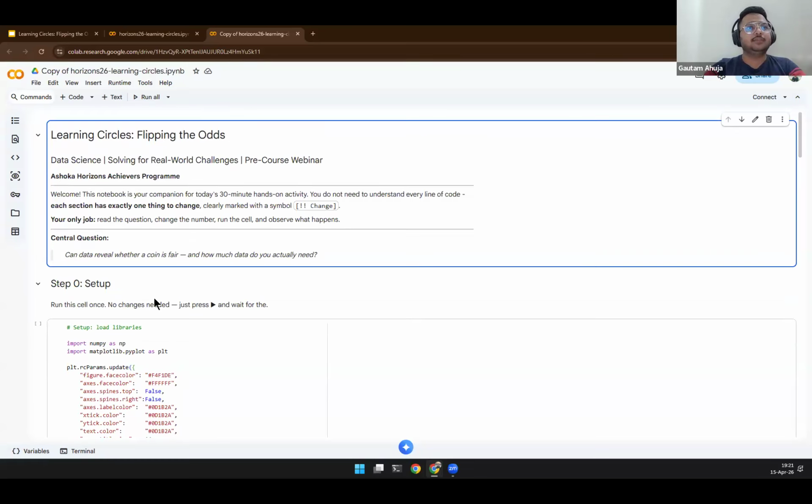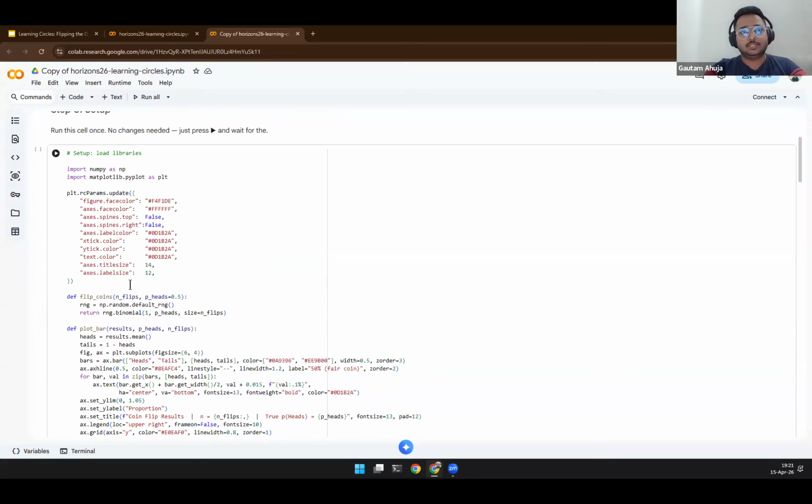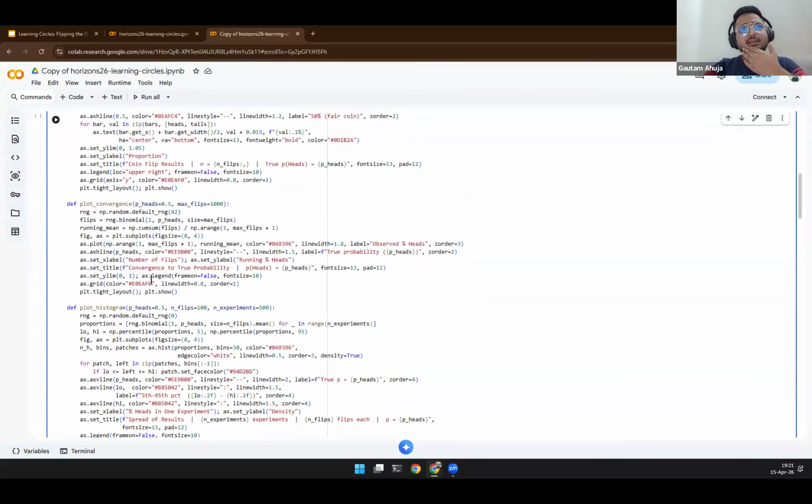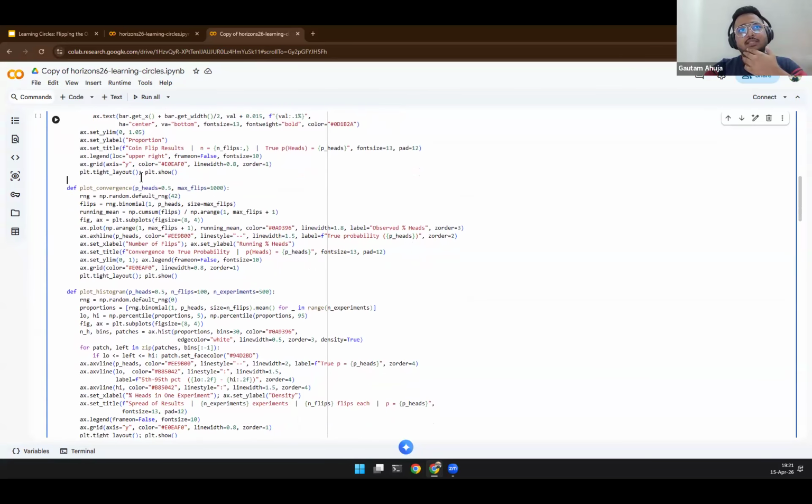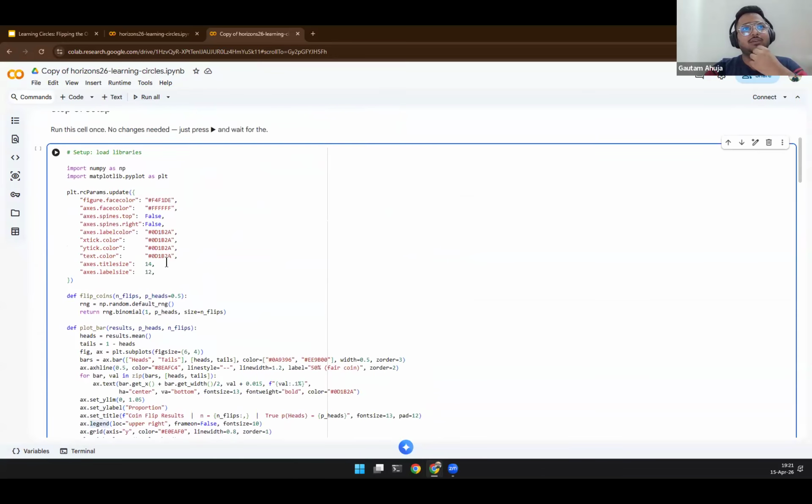You can start with the first block, which is setup. If you know programming, you may see a lot of these functions or random English words, but for right now, you can just press the play button and it will run.